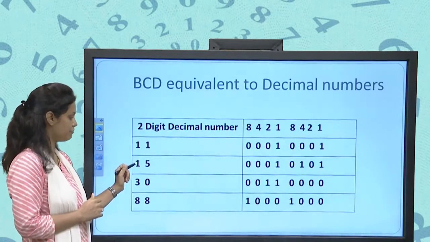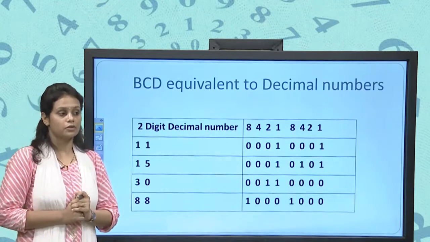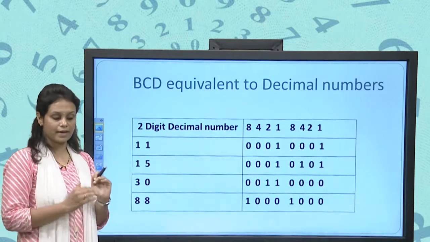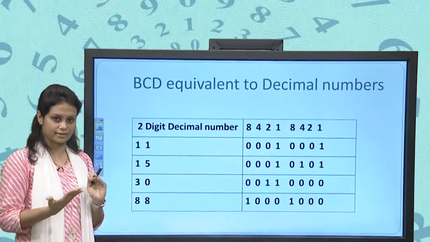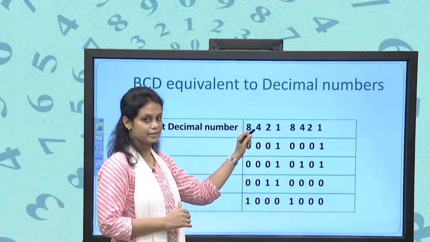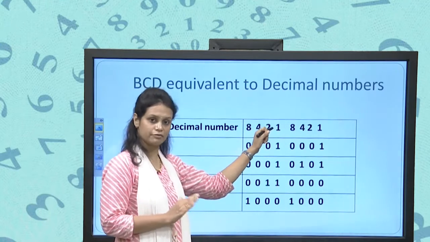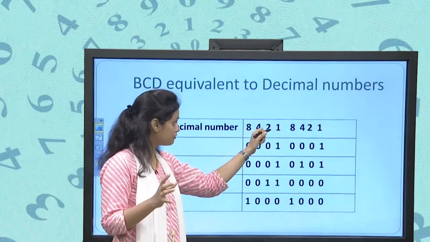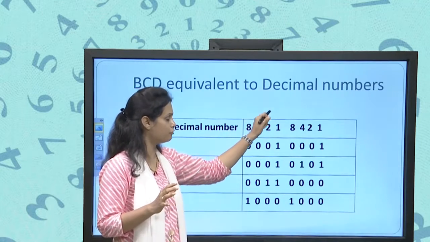Suppose we want to display 15, fine. Now see, 15 is the decimal number and suppose we want to display 15 in the binary system, okay. What we will do? 8 plus 4 is 12, 12 plus 2 is 14 and 14 plus 1 is 15. So we will make all 4 bits on, that means we will write 1, 1, 1, 1.